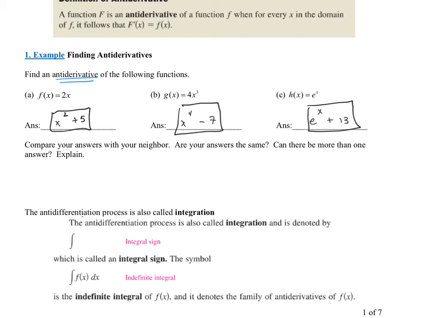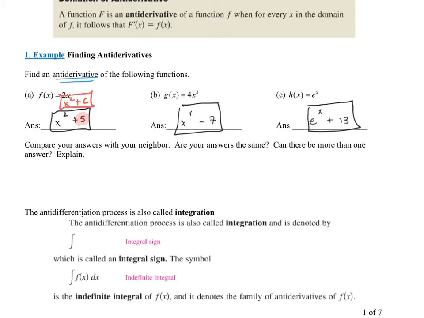So how many answers could there be? How many antiderivatives could there be? Well, this constant right here, where I put plus 5, could be any constant number that we want. So what we generally do is, instead of writing x squared or x squared plus 5, we write x squared plus c as the antiderivative for 2x.